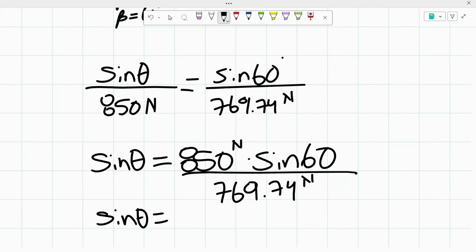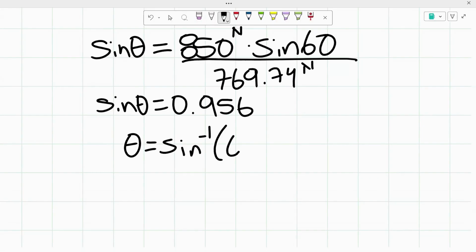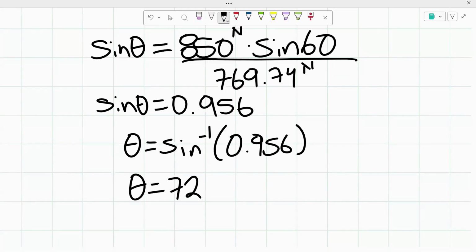We have to make sure that our calculator is in degrees, and that should give us 0.956. Now we get theta by itself, so theta is equal to the sine inverse of 0.956. Again, the calculator should be in degrees, and that should give us 72.940 degrees.